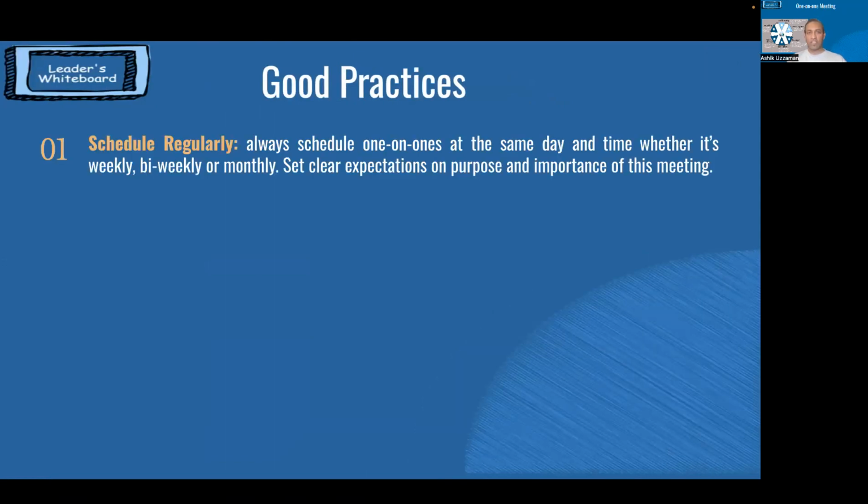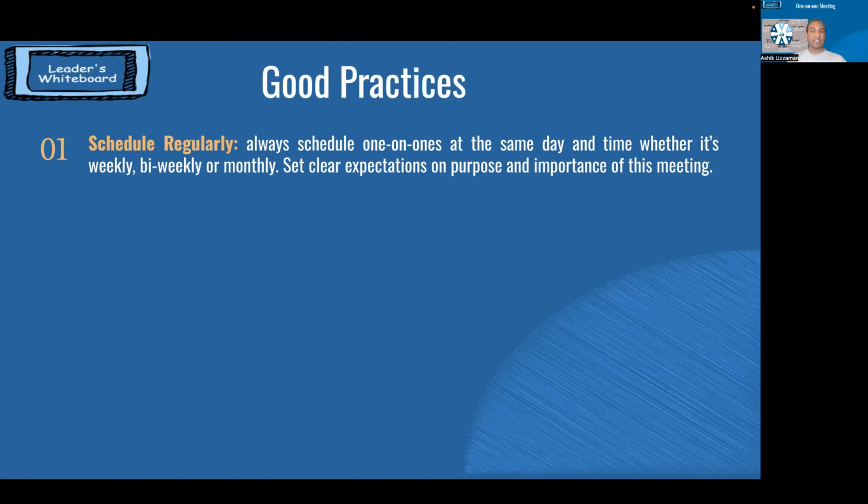The first one, schedule regularly. This is about consistency. You need to schedule one-on-ones with your direct reports in a recurring, regular manner. Let's say you choose to meet weekly, bi-weekly, or monthly.